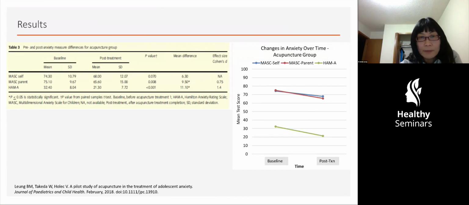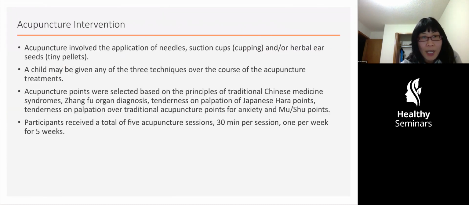Unfortunately, I'm sorry I didn't have time to go through it, but how we did it was we had the option of needles, but we also offered cupping as well as herbal seeds as part of the intervention for the children, and they were individualized.